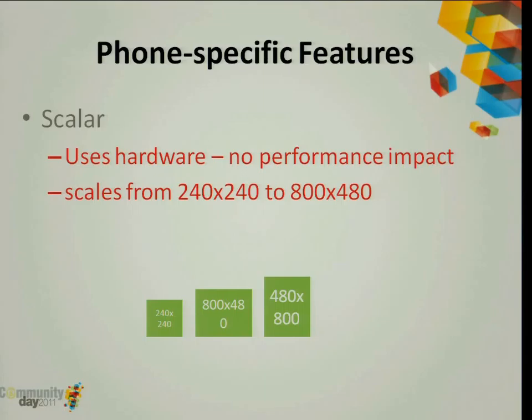You can write your game for smaller resolutions, for instance, 240 by 240 or another resolution, and the scaler will make sure that your game is still drawn full screen, by using the hardware. So there's no performance impact from upscaling your game. This is a neat feature if you want to gain performance, because not all games run at the 800 by 480 resolution without glitches.